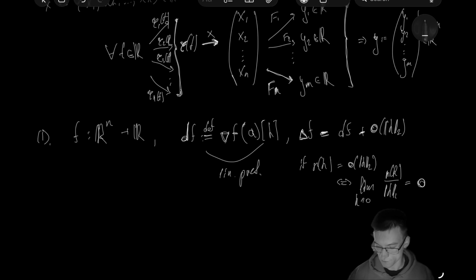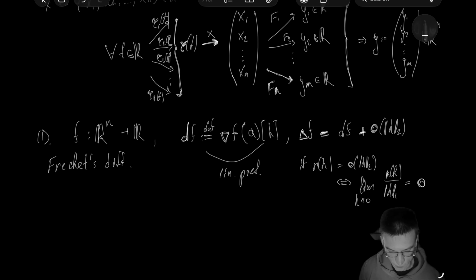That means this function approaches 0 faster than the norm of this vector, which means the linear prediction becomes increasingly close and increasingly more accurate to the actual increase. So this is the Fréchet's differentiability, and this function is called differentiable.